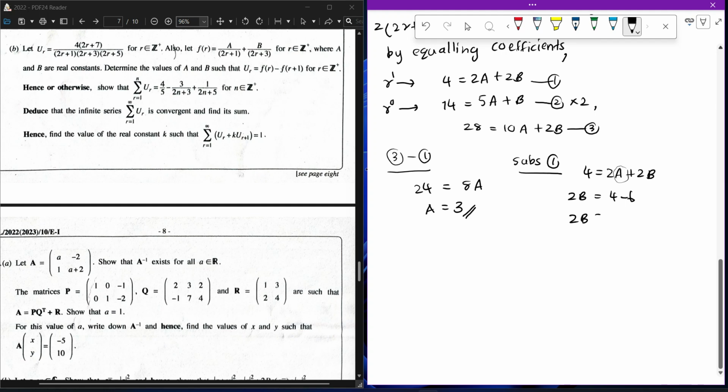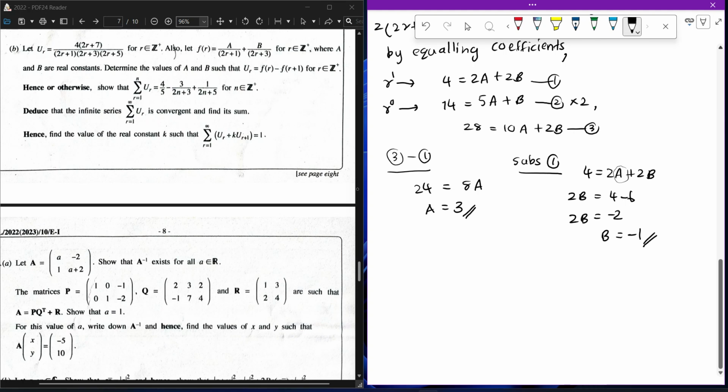So 2b equals minus 2, in the sense b will be equal to minus 1, right? Now that we have found out both the unknown terms a and b, we'll directly substitute them into the fr value that is already expressed here with a and b terms, in the places we are expected to write.